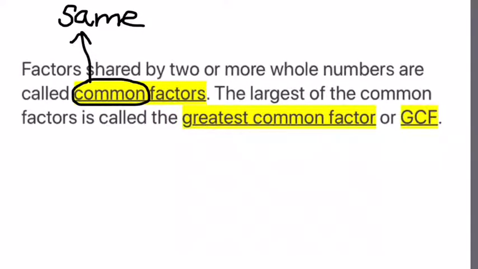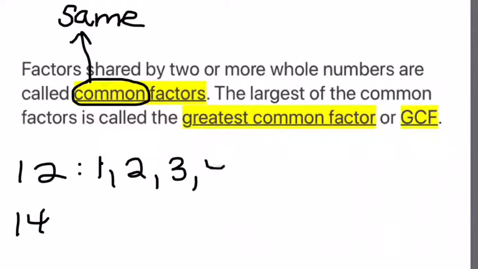So if I have the number 12 and the number 14, the factors of 12 are 1, 2, 3, 4, 6, and 12.